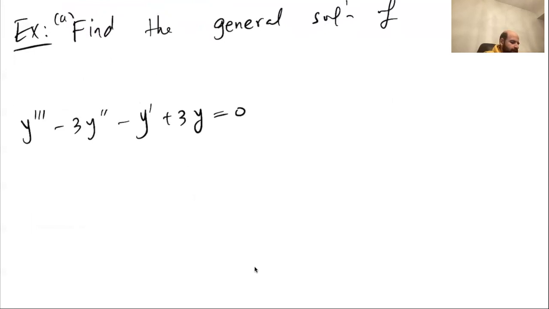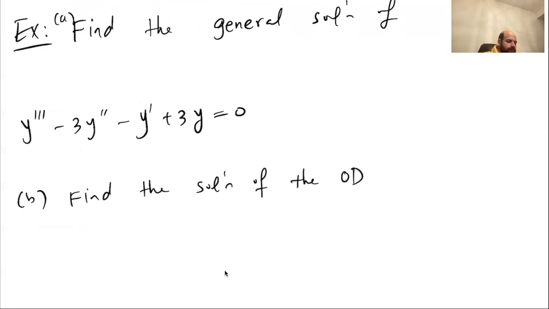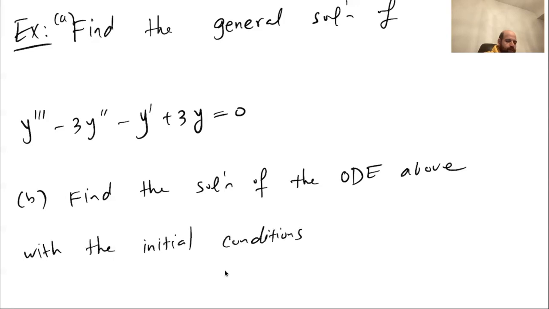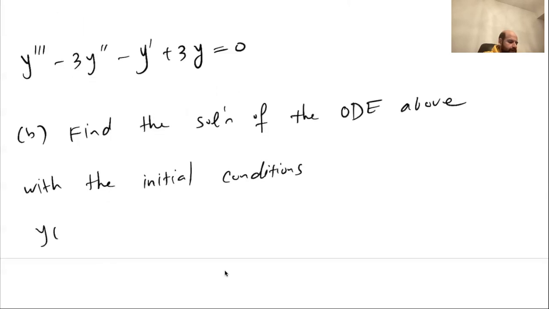So this is part A. Part B, find the solution of the ODE above with the initial conditions y of 0 equals y prime of 0 equals 1, and y double prime of 0 equals 3.